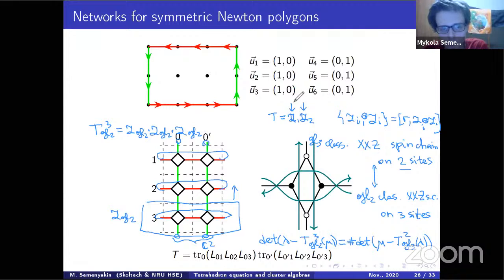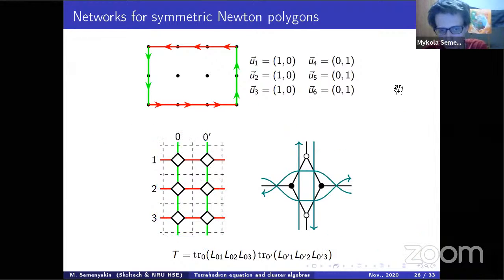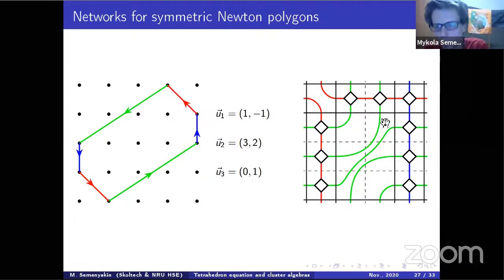And now we can generalize this, using the knowledge that we can take any products of such blocks in any order and any directions, and still get something which satisfies the classical Yang-Baxter equation by the theorem of Etingof, Shapiro, and Weinstein. So, for example, we can take this kind of network.